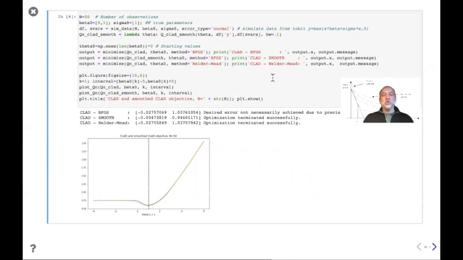So here, what I'm doing is really just comparing the objective function of the hard CLAD estimator that uses the hard max operator and the hard absolute function, and then comparing it to the smooth counterpart. So what you see here, well, it's a little bit hard to see, but there's a kink, right? There's a kink right there.